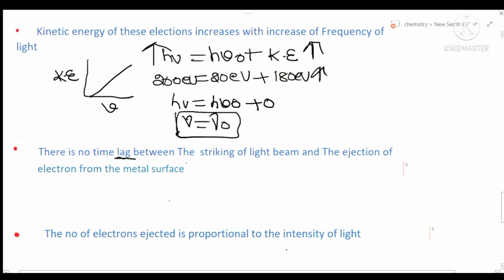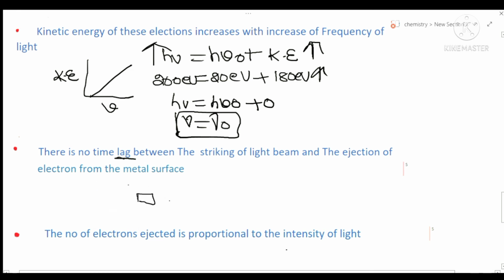The third point: there is no time lag, that is, no time gap, between the striking of the light beam and the ejection of the electron. For example, I am taking one metal surface and supplying some amount of energy as incident radiation, or incident photons.